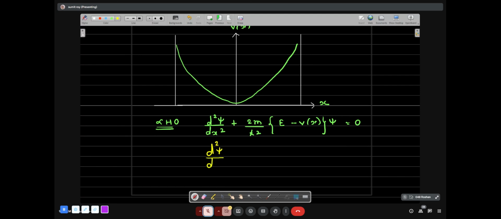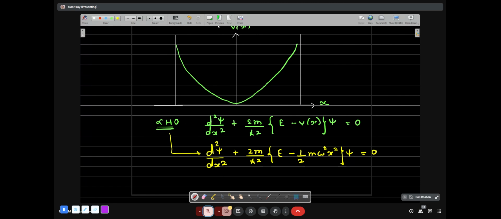What is the value of V of x? Half m omega square x square. So d2 psi by dx square plus 2m by h cut square (E minus half m omega square x square) psi equal to 0. This is the Schrodinger equation for a linear harmonic oscillator.